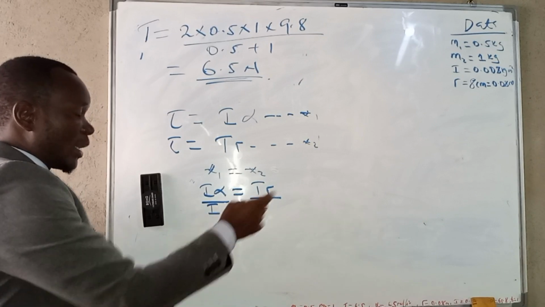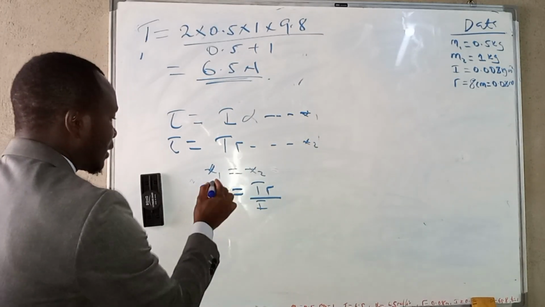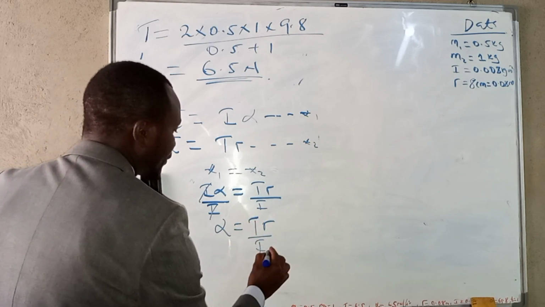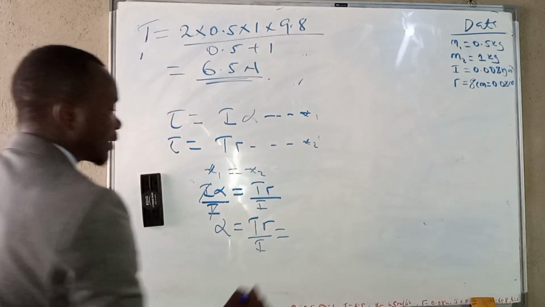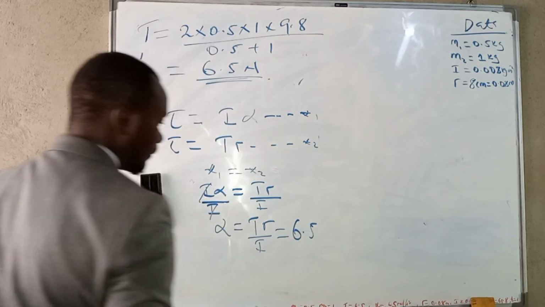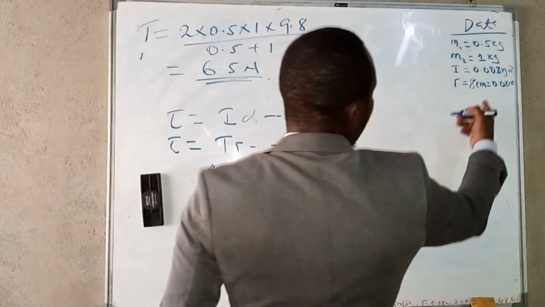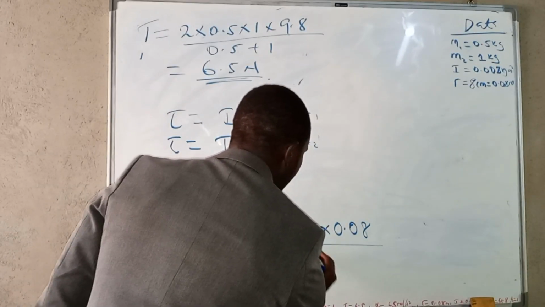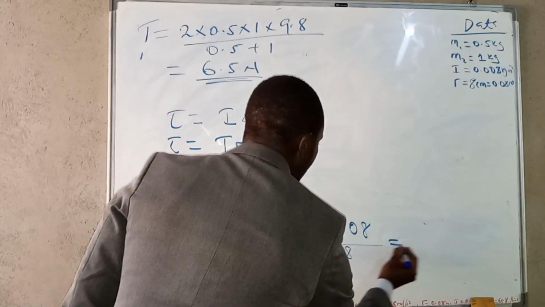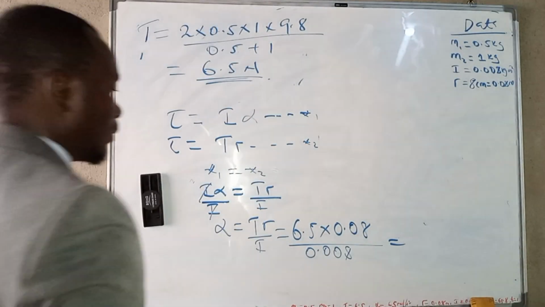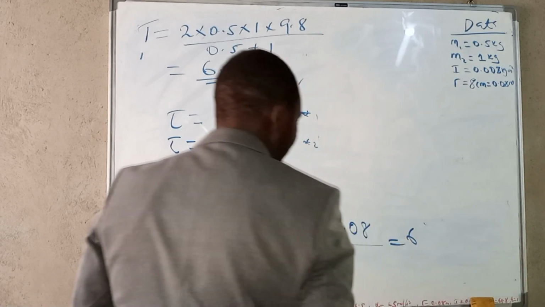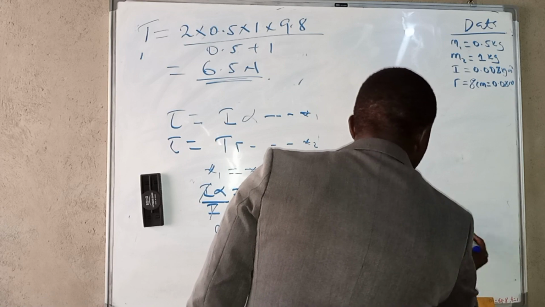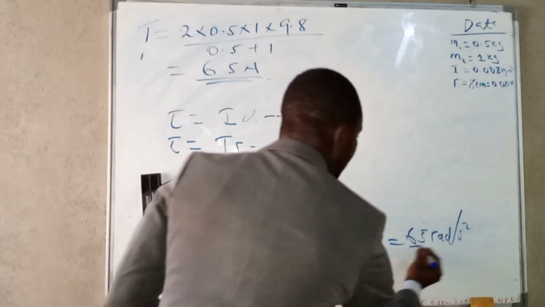So alpha is equal to TR over I. Plugging in the values, T is 6.5, R from the data is 0.08, and I is 0.008. On a calculator we get 65 radians per second squared as the value for alpha.